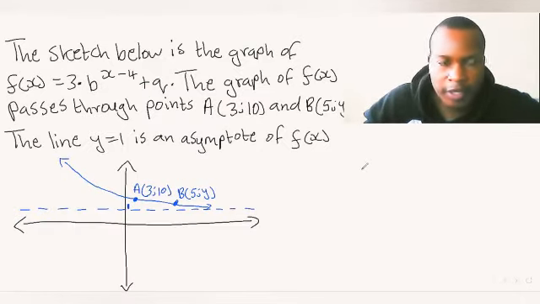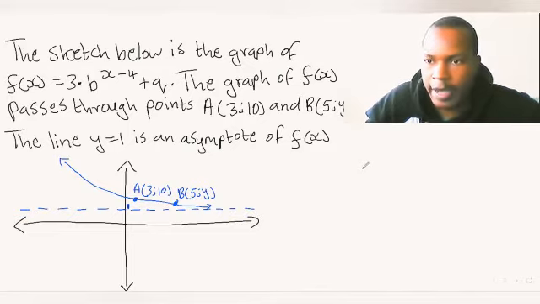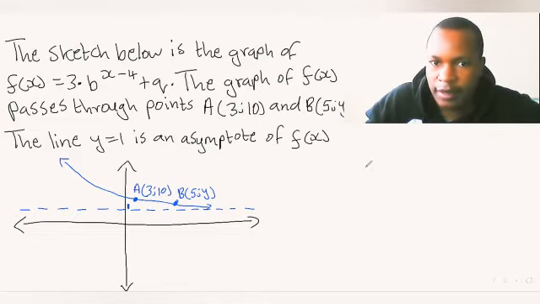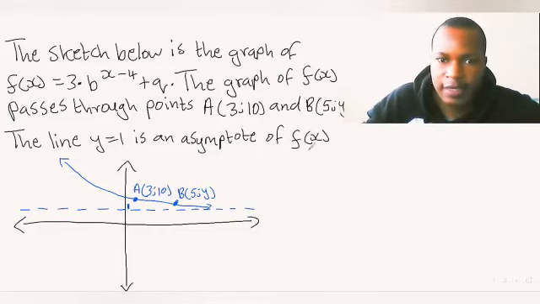So now the question reads, the sketch below is the graph of f of x equals 3 multiplied by b to the power x minus 4 plus q. The graph of f of x passes through point A, so that's (3; 10), and B, (5; y). The line y equals 1 is an asymptote of f of x.